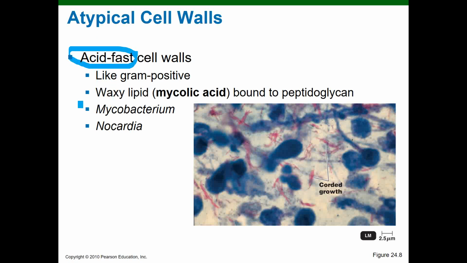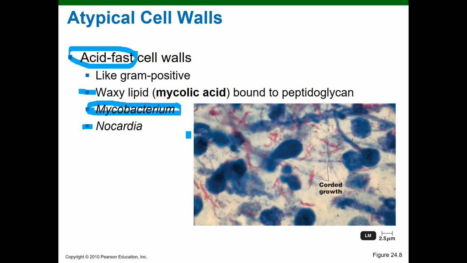These guys have a similar structure to gram-positive cells, but they have an outer lipid waxy layer composed of a substance called mycolic acid that is bound to that outer peptidoglycan layer. Because it has this outer waxy surface, it's not going to gram stain very efficiently. The two genera of bacteria that have this waxy layer and are considered acid-fast bacteria are Mycobacterium and Nocardia. Mycobacterium we'll talk about more than Nocardia.